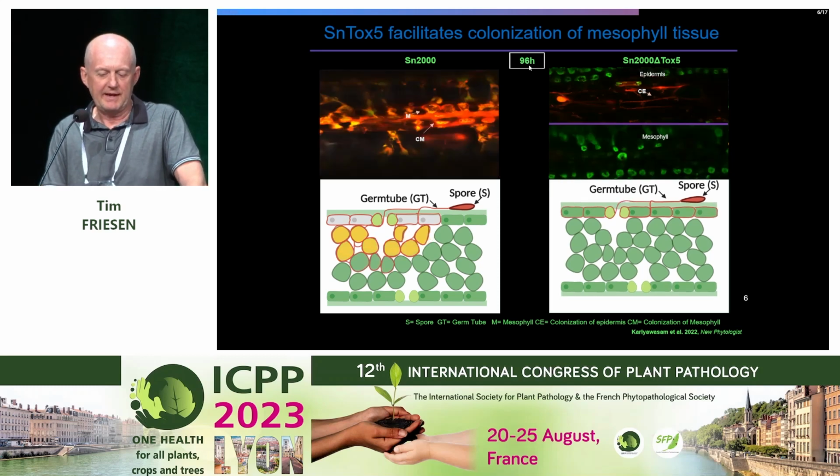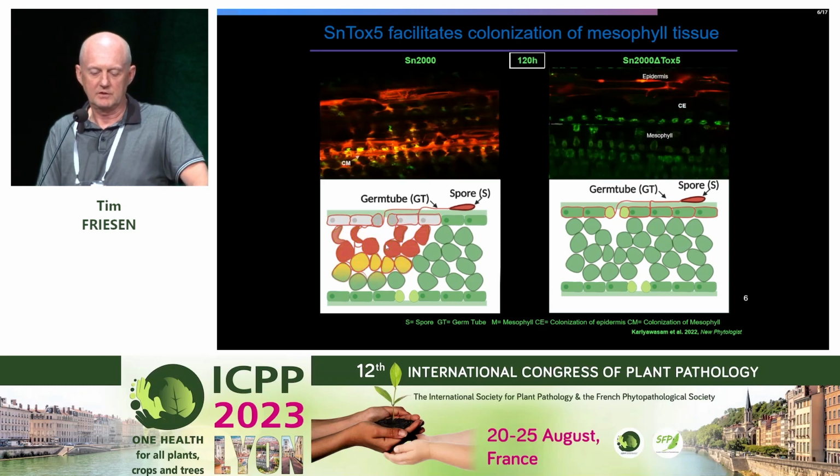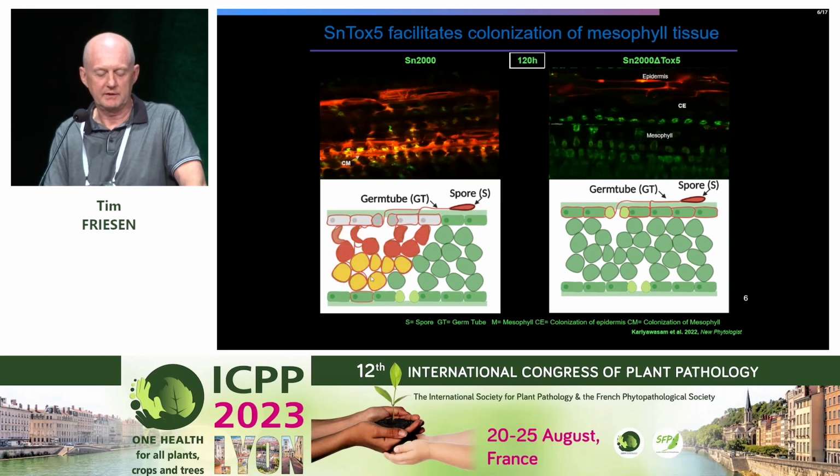Similarly, at the 96-hour time point, we just have colonization here of the epidermis, nothing in the mesophyll. The mesophyll is clear, but in the wild type SN2000, you can see strong cellular breakdown, and it just gets worse by 120 hours, where you have complete tissue collapse.